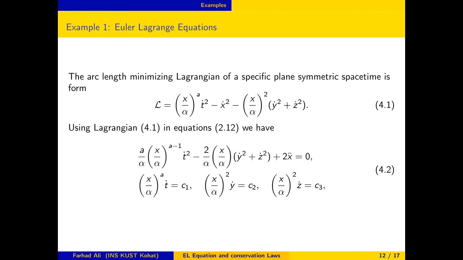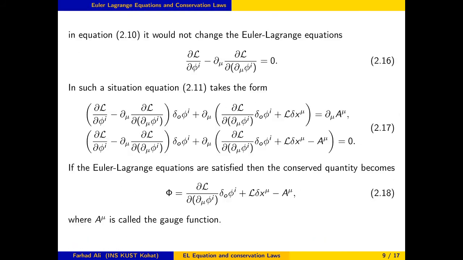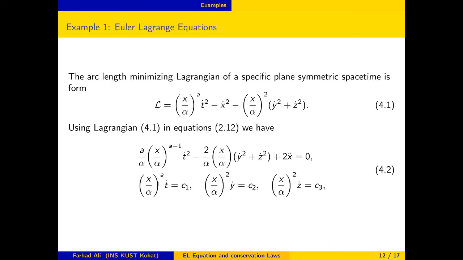The second term gives 2 times x over alpha times t dot, and since there is a d by ds term and the other term is 0, integrating this with respect to the arc length parameter, I will get a constant c1 here. So that is this one.